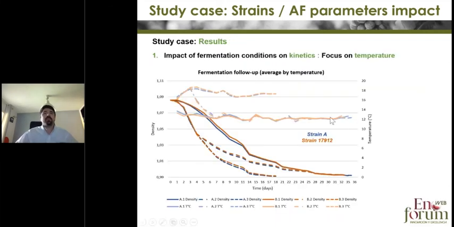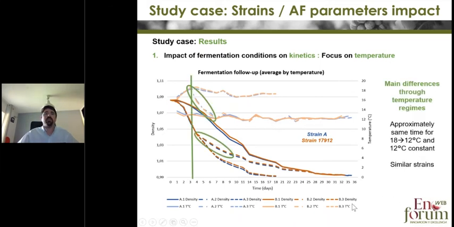The results are interesting to see. This is the focus on temperature for timing. You see the temperature at 18 degrees C or 12 degrees C here, or 18 starting and then going to 12 degrees C. What you see is that between the strains, strain A and strain 17912, it's very similar.